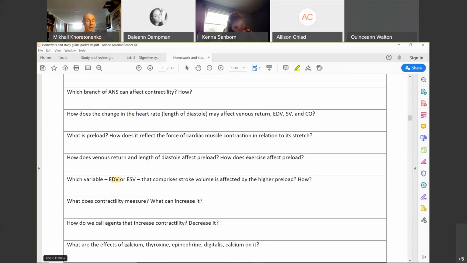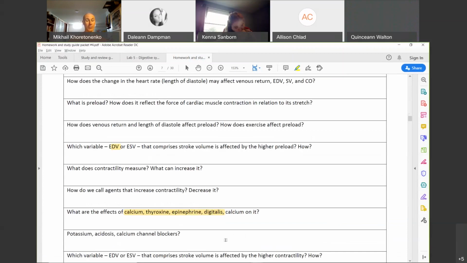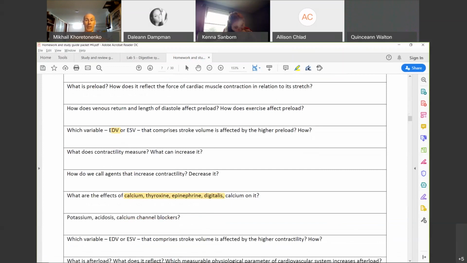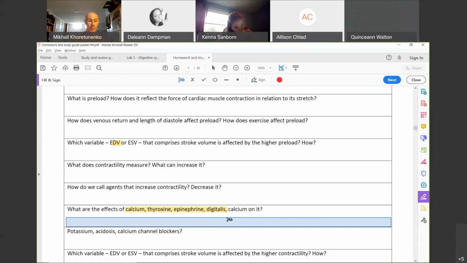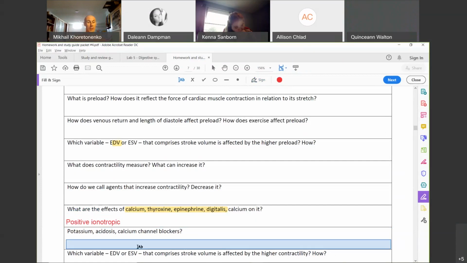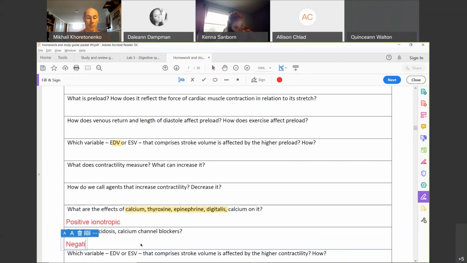So calcium, thyroxine, epinephrine, digitalis, these four agents here are positive inotropic agents. And here's the cool part. I can write it down here. And obviously, these ones are negative inotropic. Okay.